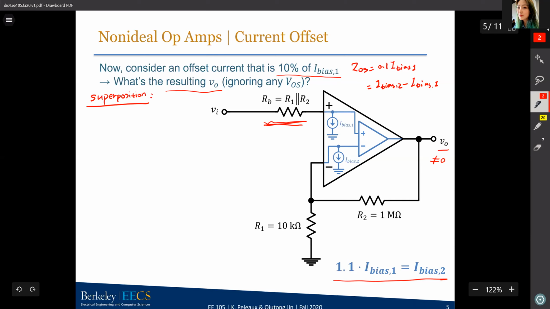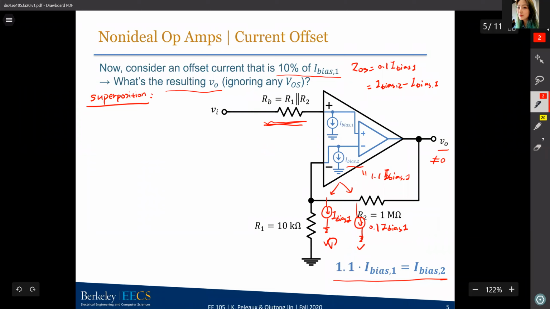So right now, your I bias 2 equals 1.1 I bias 1, right? We can just separate this I bias 2 into two different current sources. So the first current source will have I bias 1, and the second source will have 0.1 I bias 1. So we just separate the I bias 2, the 1.1 I bias 1, into two different sources, and when we use the superposition, we calculate each source one by one.